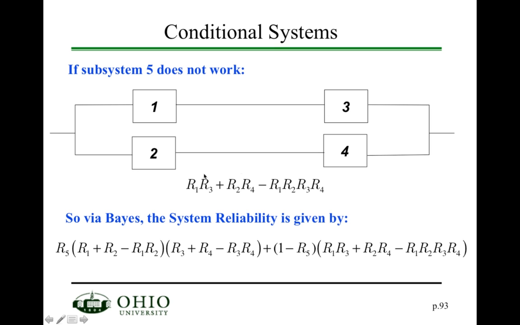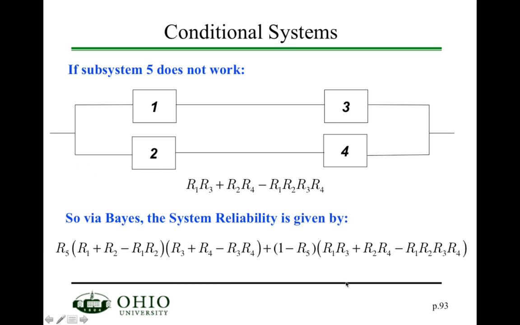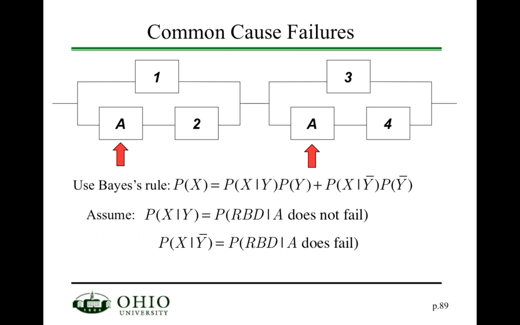So that's this expression here. Then of course you have to multiply this expression by the unreliability of component 5, and the other expression by the reliability of component 5. So that's a way to deal with more complex systems, like conditional systems and systems with common cause failures.